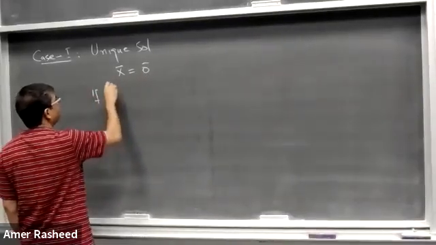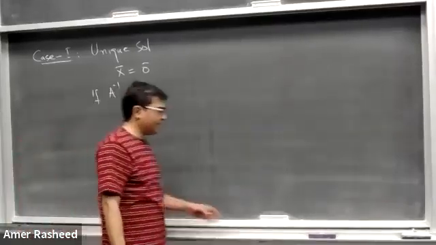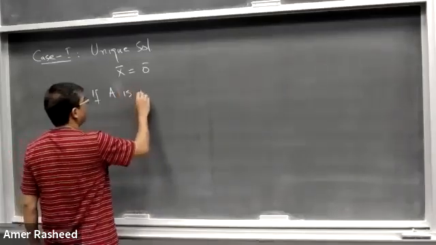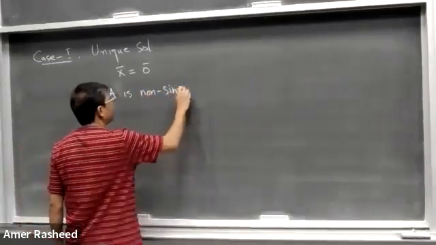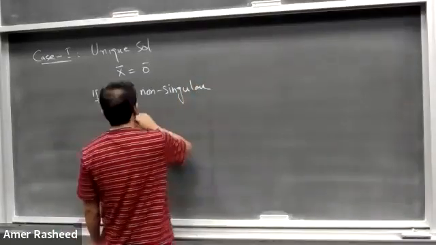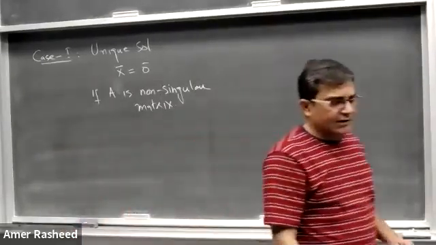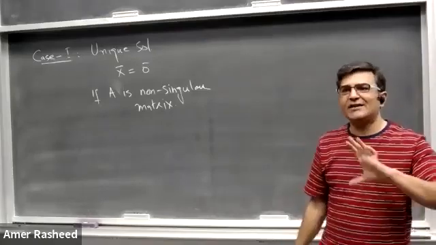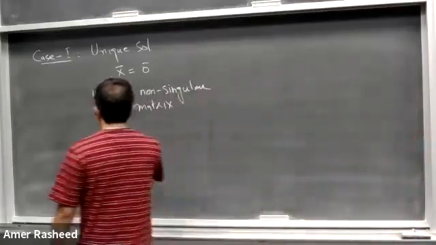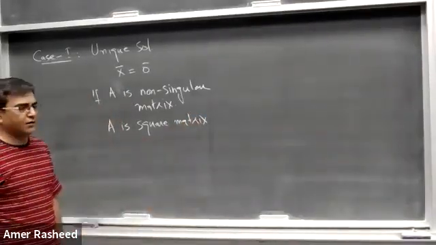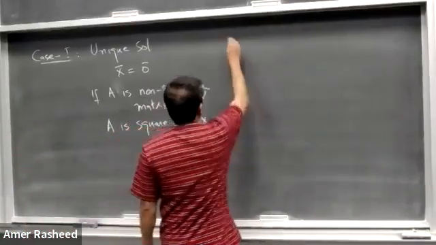If the coefficient matrix is invertible, meaning A inverse exists, or A is a non-singular matrix. And it can only be checked that A is non-singular if A is a square matrix. So A must be a square matrix first, then we can check whether it is invertible or non-singular.